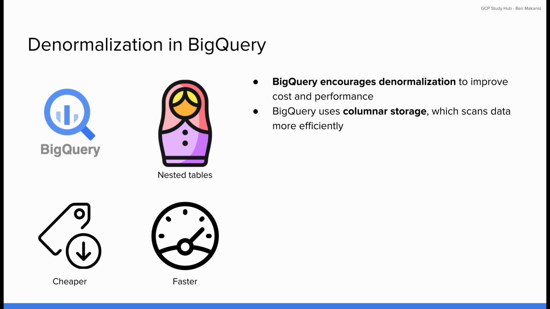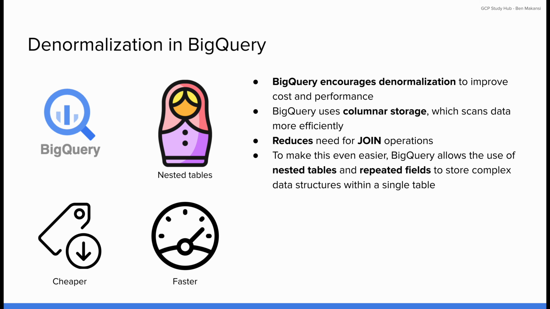This efficiency in storage and data scanning reduces the need for join operations, which are typically expensive in terms of performance. By minimizing joins, BigQuery can handle larger datasets faster and cheaper. Another key feature that makes this even easier is the ability to use nested tables and repeated fields to store complex data structures inside a single table.